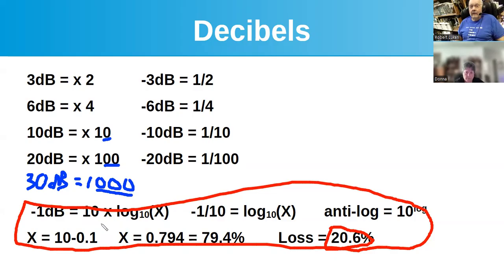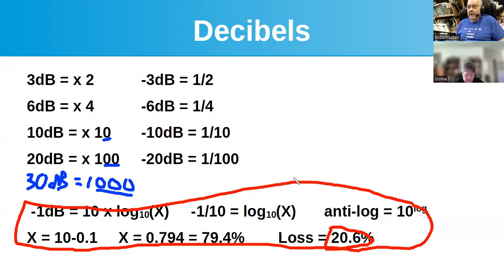If I divide both sides by 10, minus 1/10 is going to be equal to the log of x. So how do I find out what x is? Well, I have to do the anti-log.